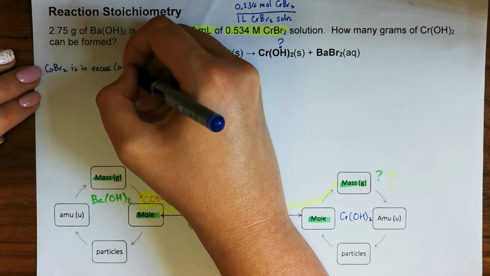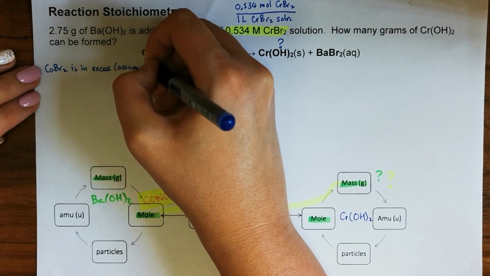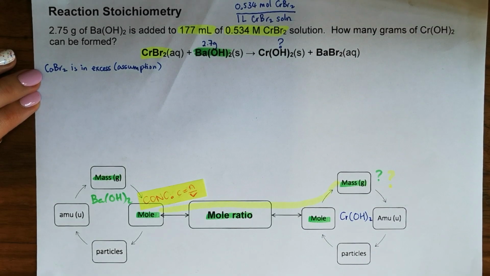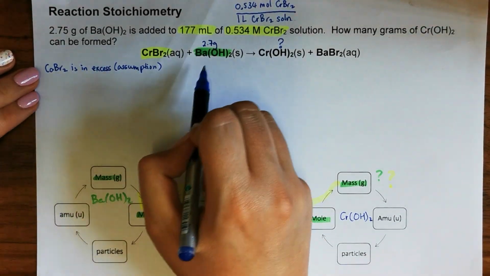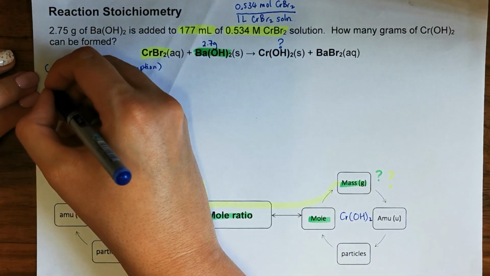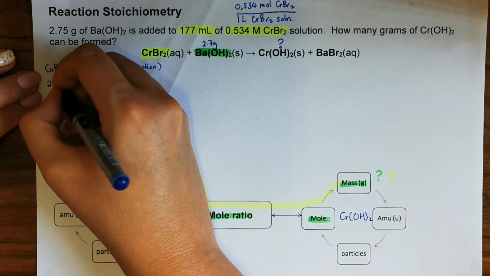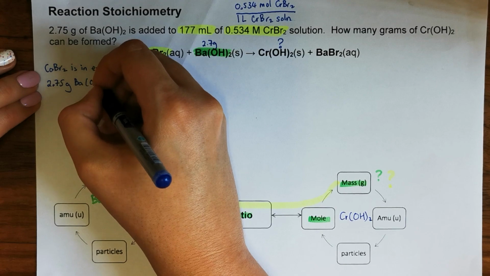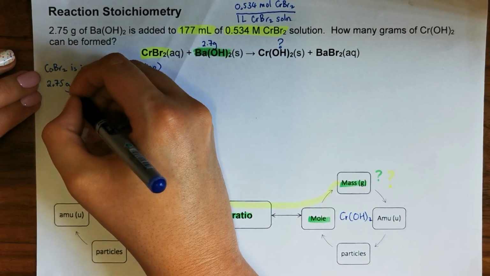This is our assumption. You need to indicate that you're making an assumption. So if that is our assumption, that means we'd start off with our 2.75 grams of barium hydroxide as our starting point.